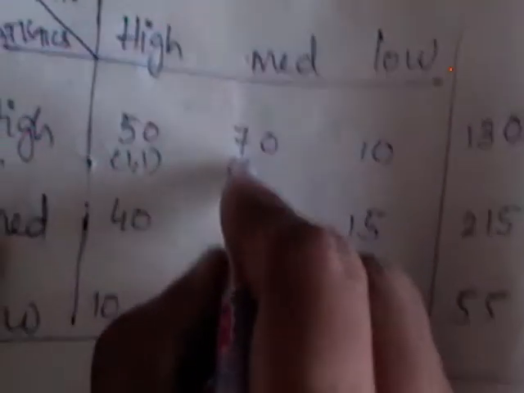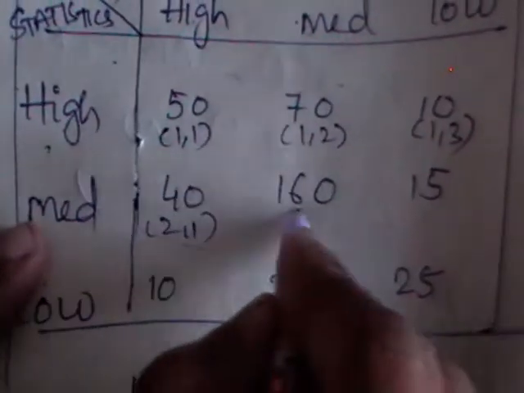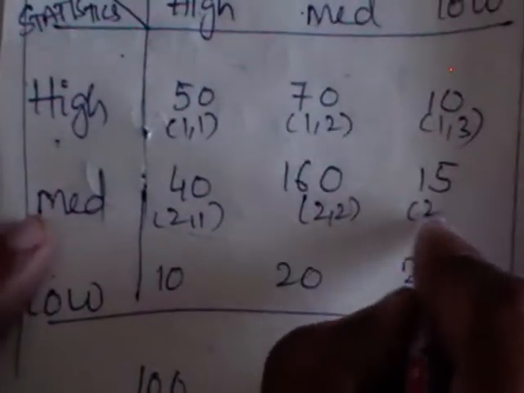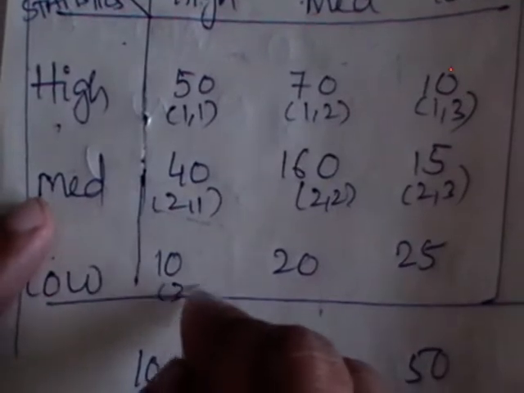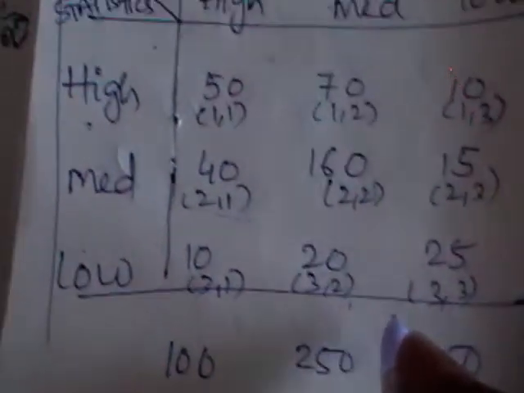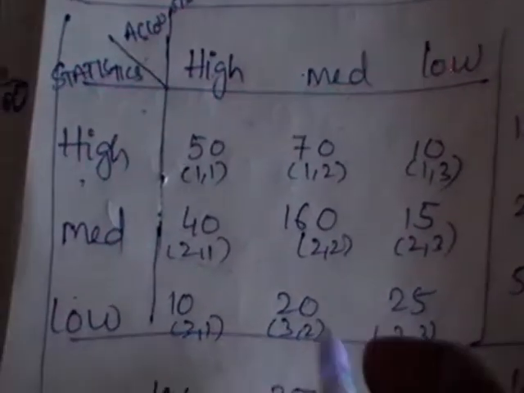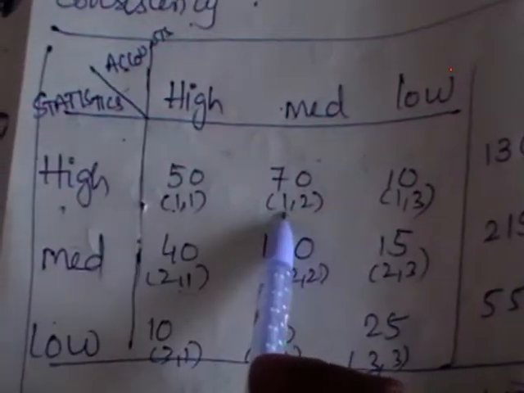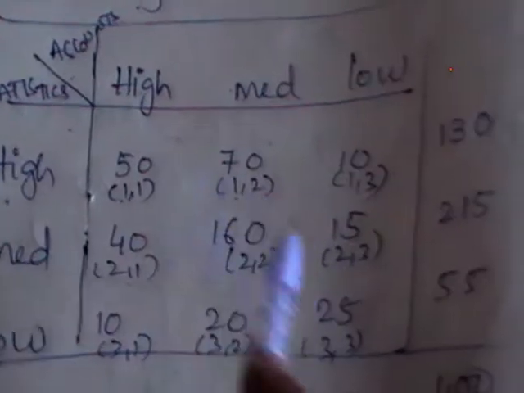So how many cells do we have? We call this cell 1 1. This is 1 2, this is 1 3, 2 1, 2 2, 2 3, 3 1, 3 2, 3 3. A cell is indicated by a corresponding row and column number: first row first column, first row second column, first row third column, and so on.